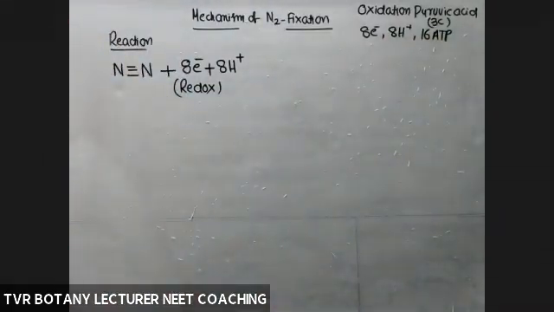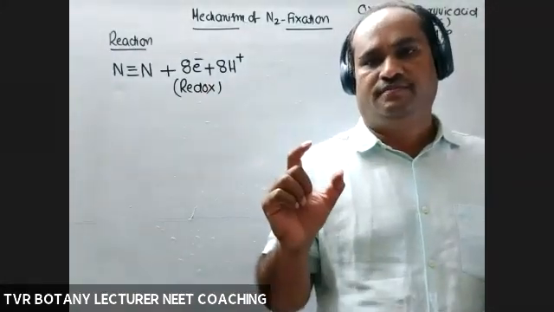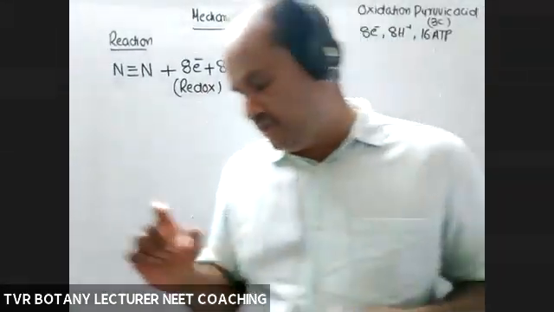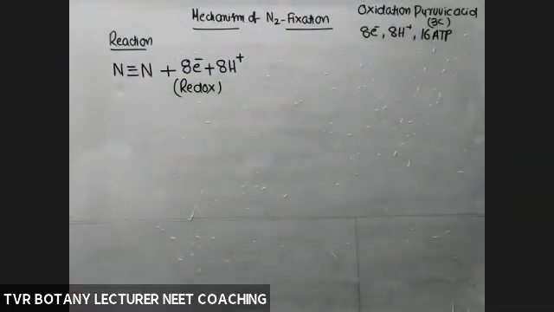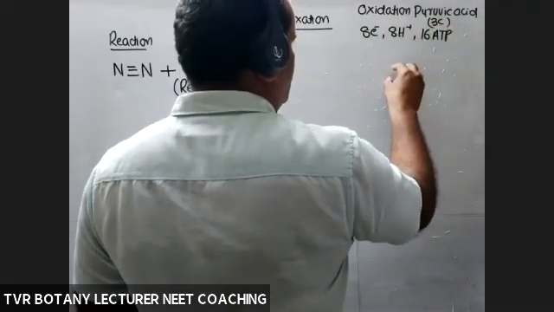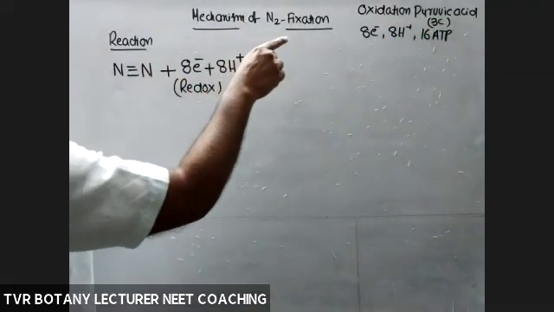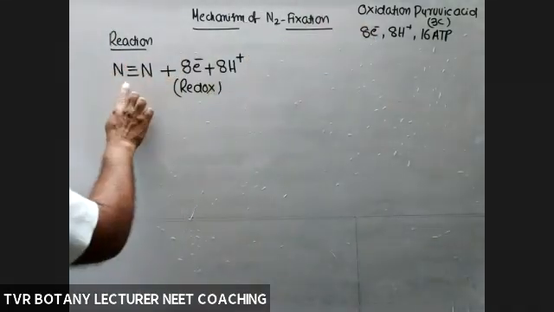So the reducing power, 8 electrons, 8H plus, and energy in the form of ATP, adenosine triphosphate, comes from oxidation of pyruvic acid in the host root, as part of aerobic respiration. During host aerobic respiration, pyruvic acid is completely oxidized, resulting in the formation of electrons, protons, and ATP. So the supplier of the reducing power, electrons, protons, and energy is the oxidation of pyruvic acid.